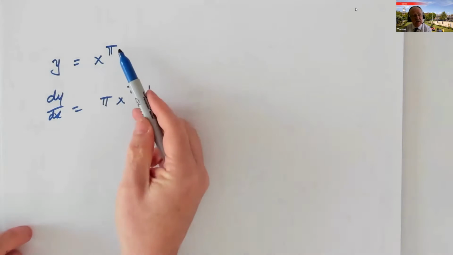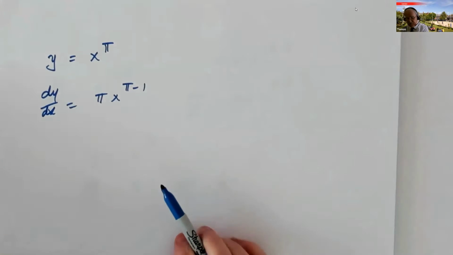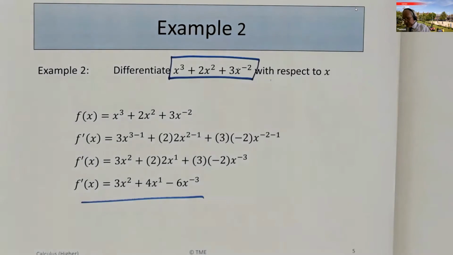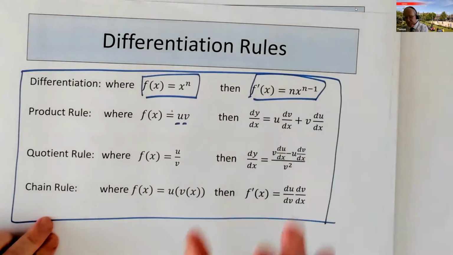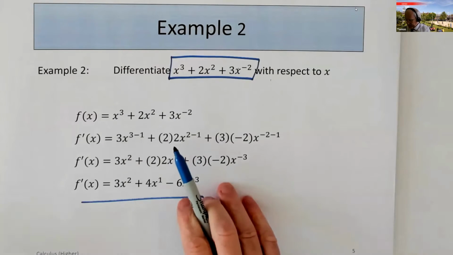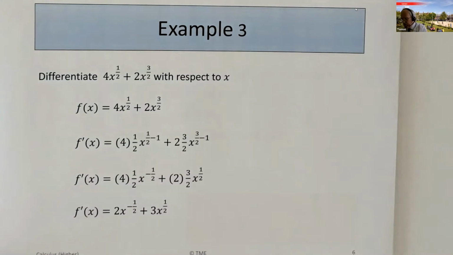Or if it was x to the elephant, it would be elephant times x to the elephant minus 1. So it's just a formula. You say, this is what it says I should use. This is what I'm going to use. Here's my toolbox. That's what I'm asking. And that's it. So we can see how that works in the following questions.